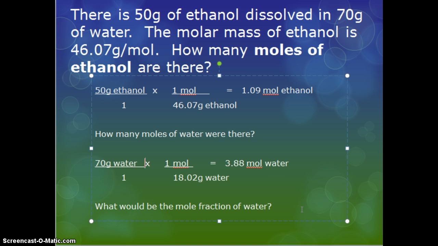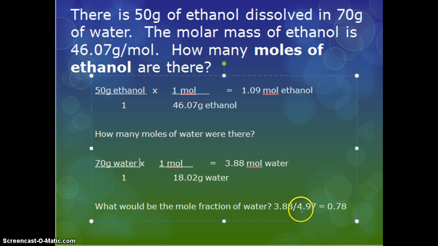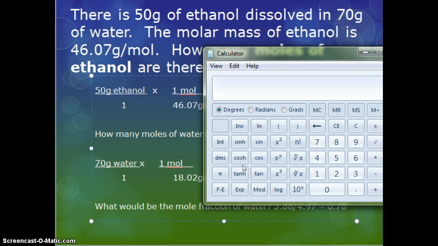How would we find the mole fraction of water? Okay, so remember, fraction means part of the whole. So we would take 3.88, because that's how many moles of water we have, divided by 4.97. Where did I get 4.97 from? I took my total.